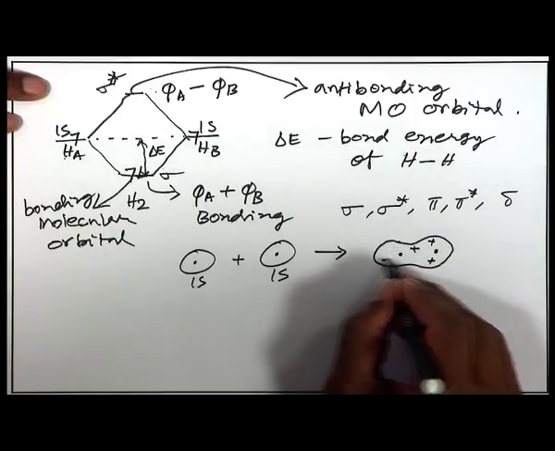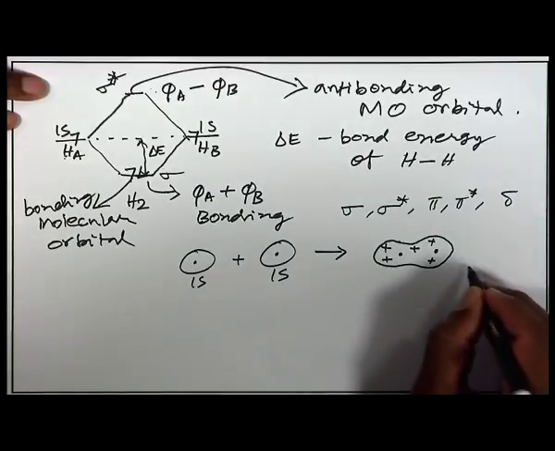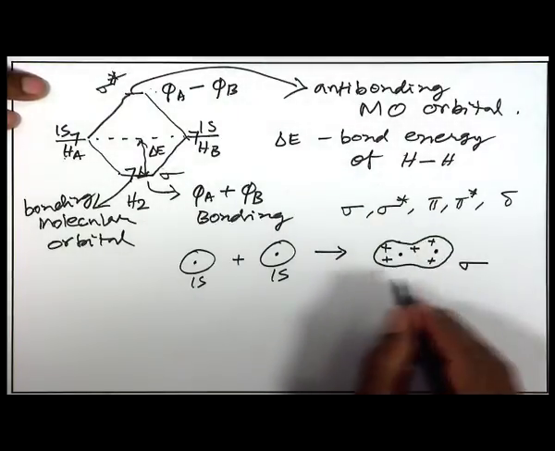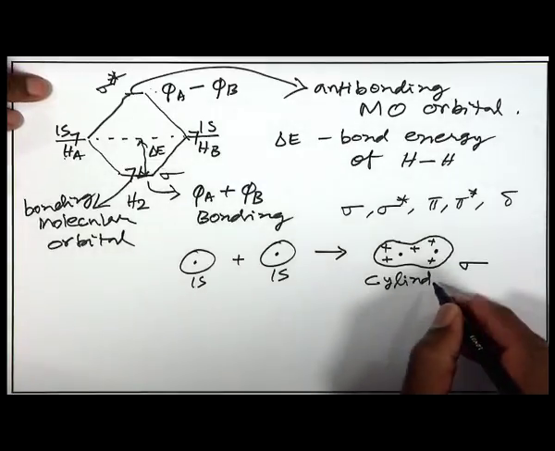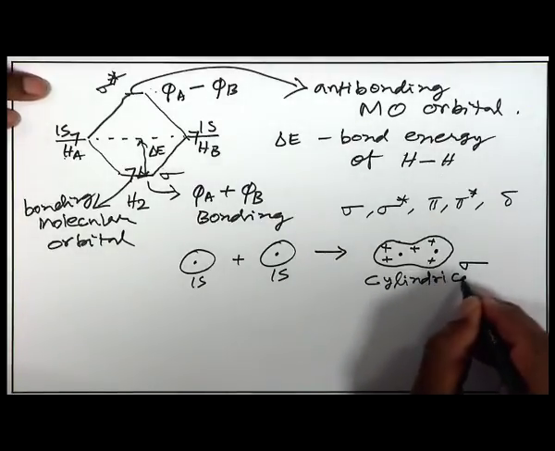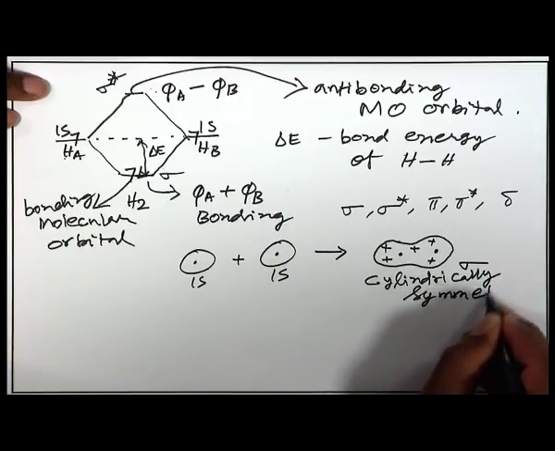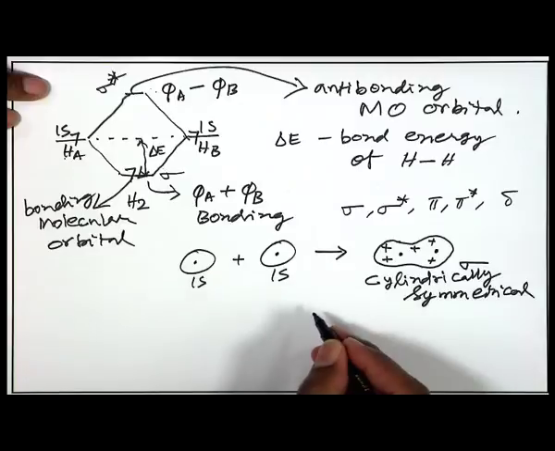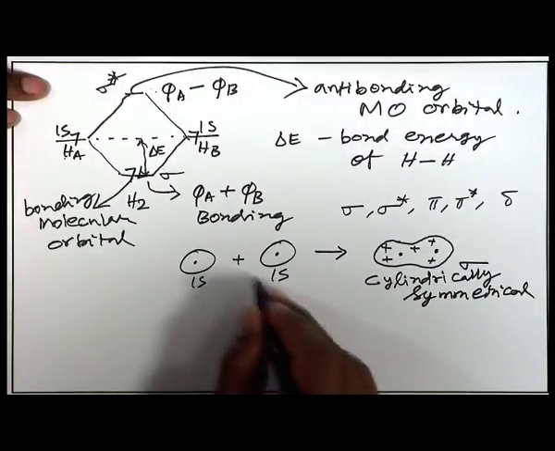The sign of the wave function is positive. So, this is called a sigma orbital, which is cylindrically symmetrical about the internuclear axis.